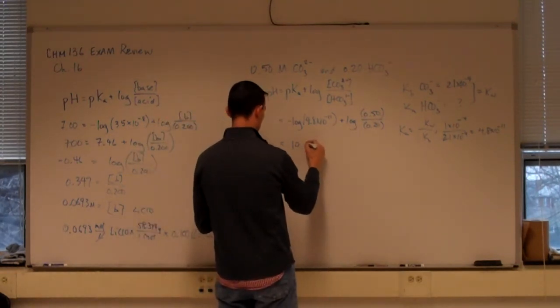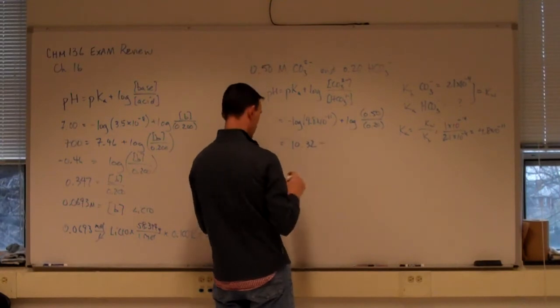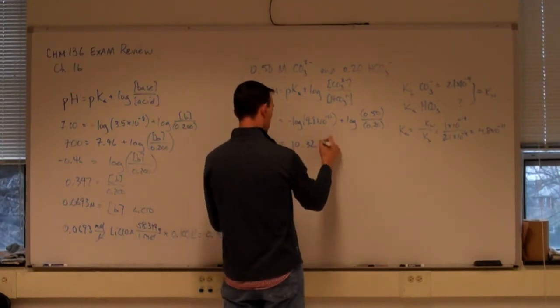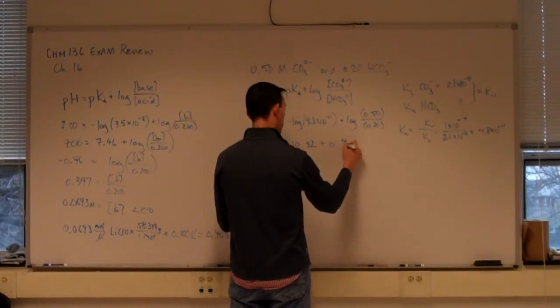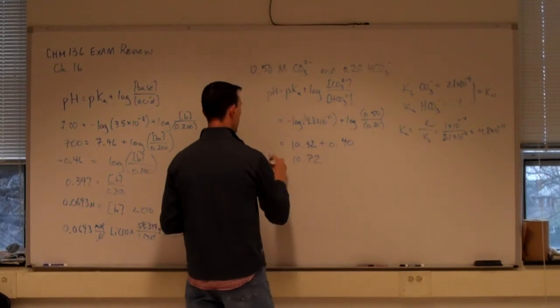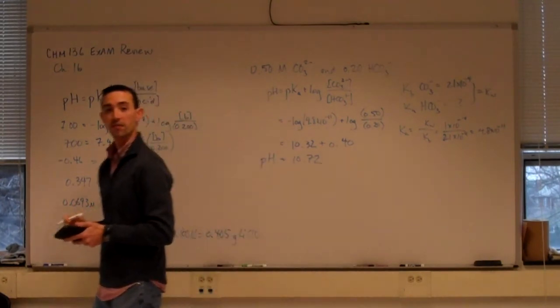This is 10.32 plus 0.40, so that should be 10.72, the pH of this buffer solution.